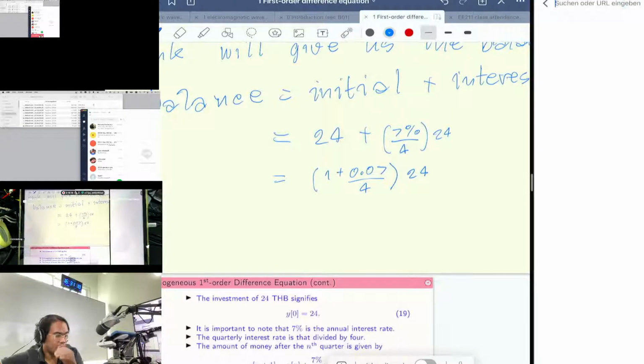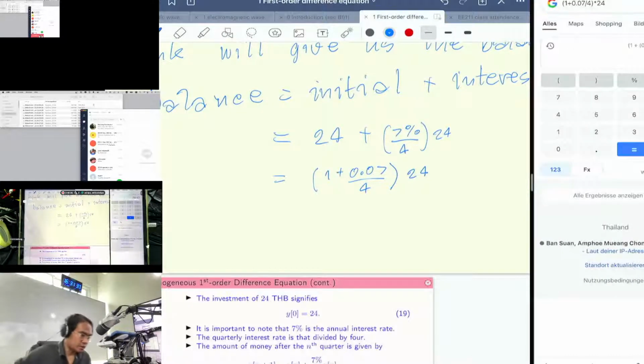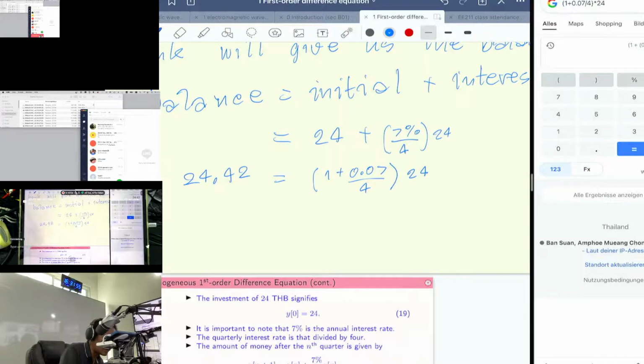For the first quarter, we put it into the calculator: 1 plus 0.07 divided by 4, times 24, we get 24.42. That's the balance after the first quarter.